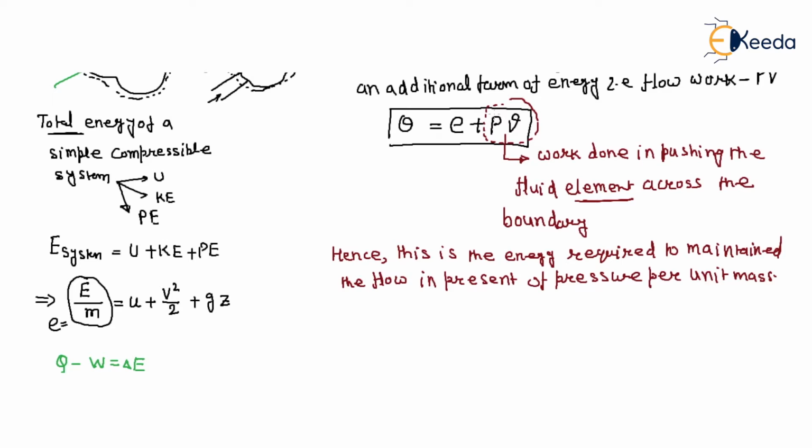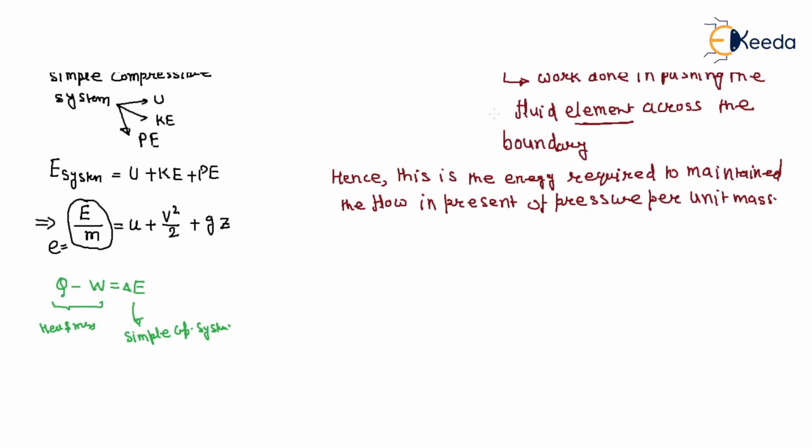right? So what is the energy associated with the control volume? Theta is equal to e plus P into specific volume. What is e? u, internal energy, plus kinetic energy, plus potential energy, right?